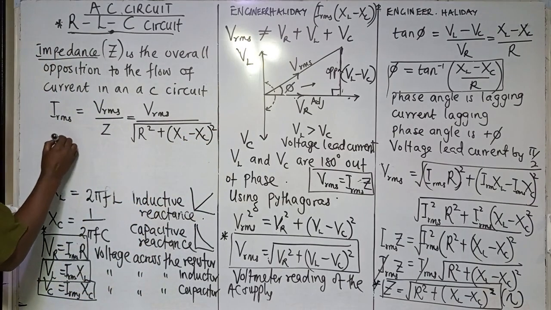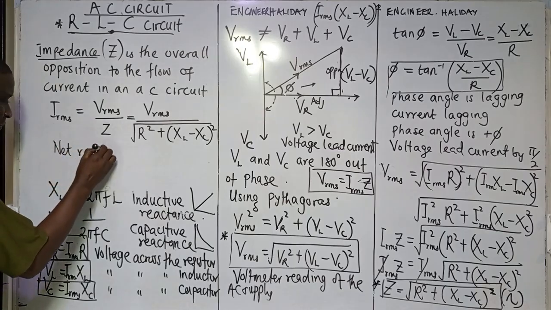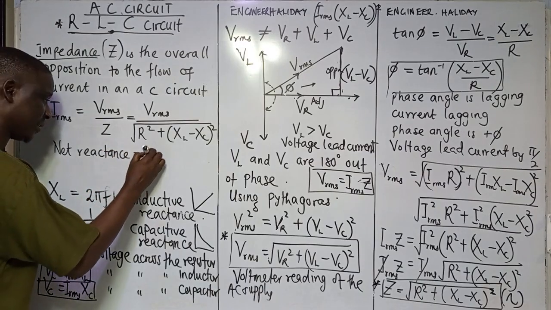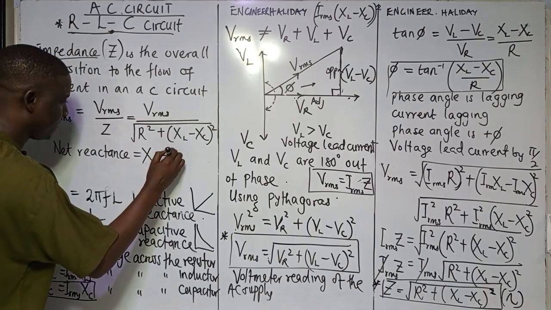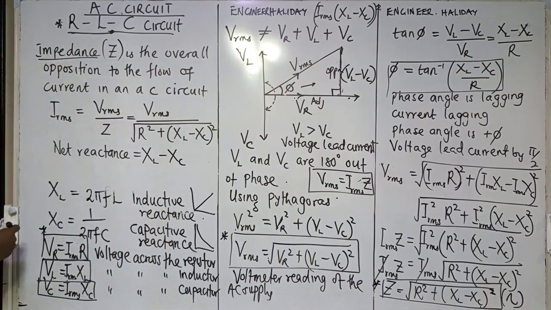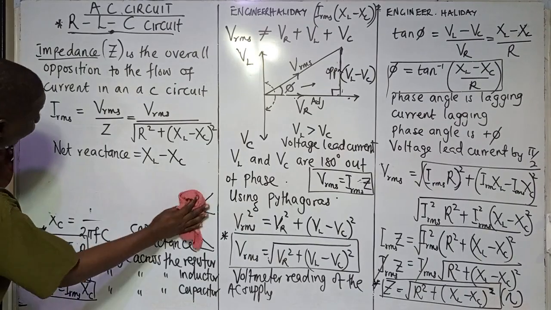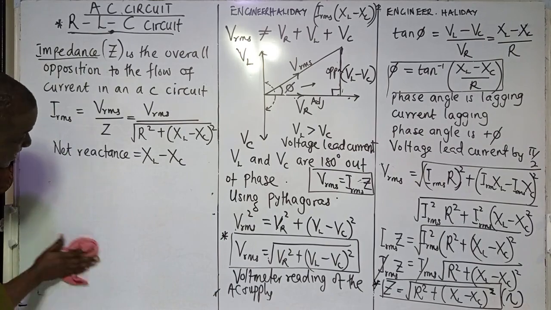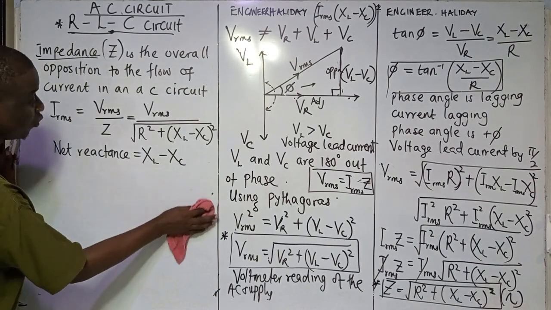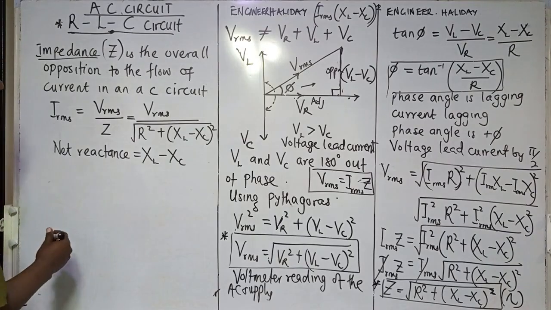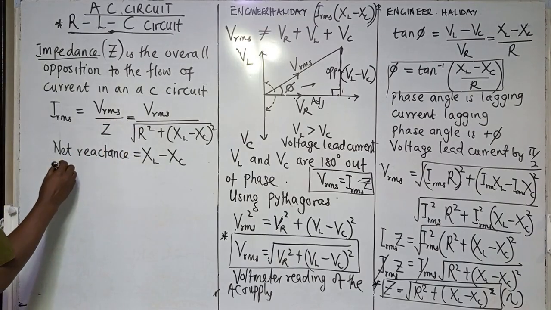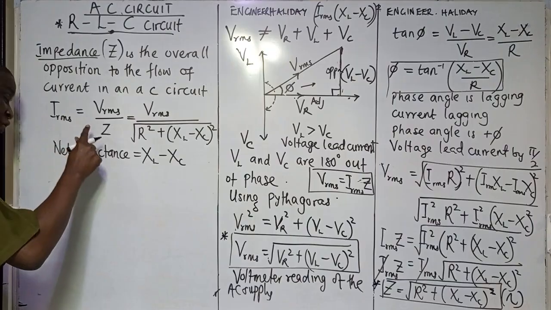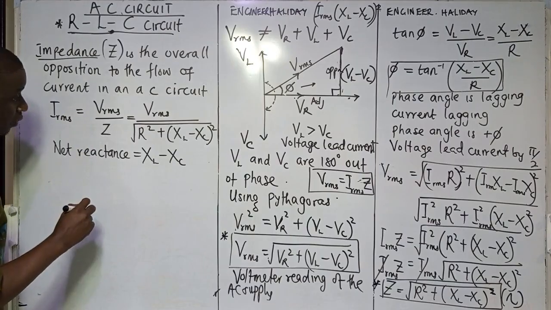Don't forget that XL minus XC is what we call the net reactance. So this is the current in the circuit, the current that will flow through the resistor, the inductor, and the capacitor.